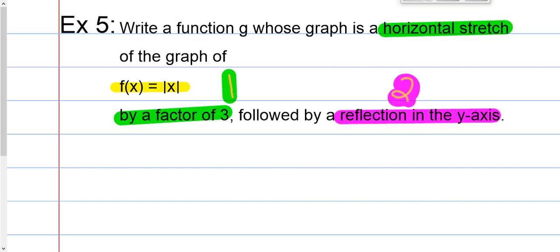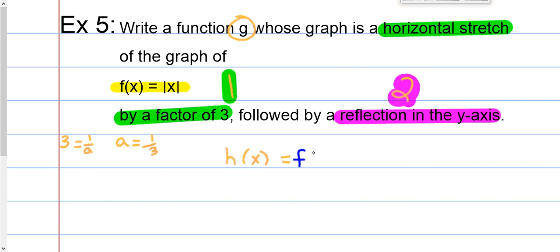All right, so let's start off. We are writing a function g, so we're going to start with h. So we have h of x equals horizontal stretch by a factor of 3. So if 3 is equal to 1 over a, then a is equal to 1 over 3. So I just have to flip it around. Let me move that over to the side so it's not all in our way. So if I have h of x, I'm doing a horizontal stretch by a factor of 3.